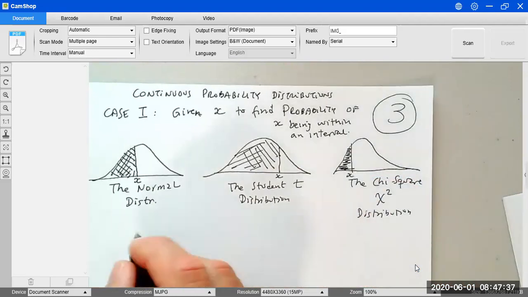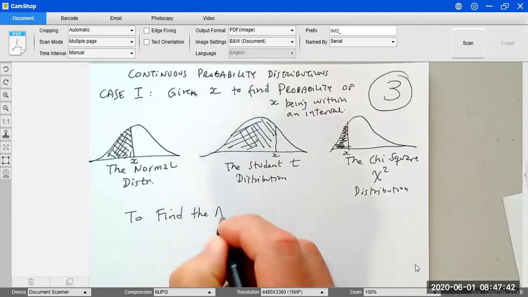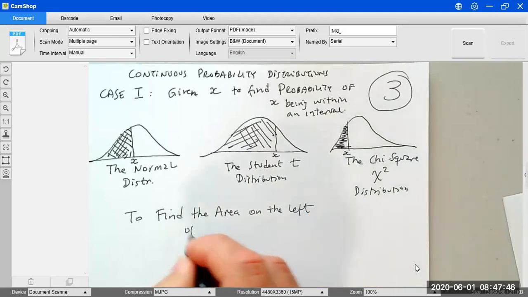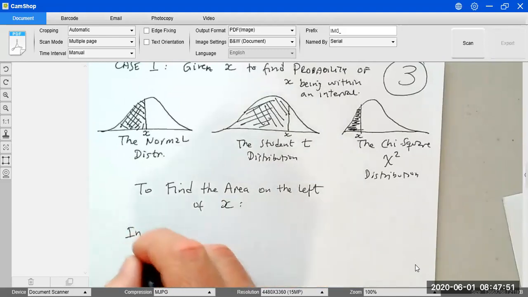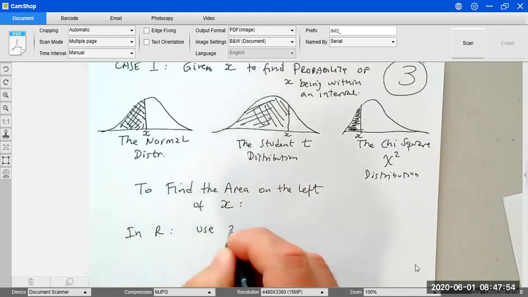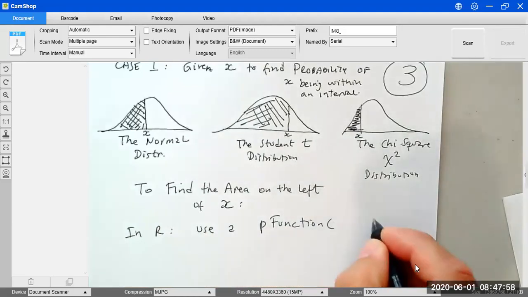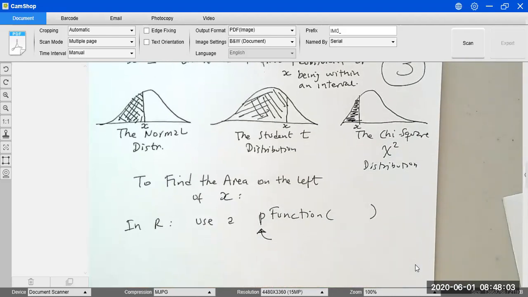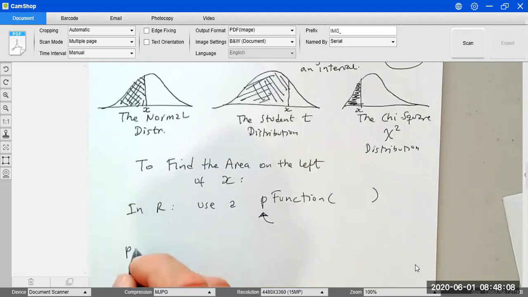So to find the area on the left of x, you're going to use a p function in R. I want to emphasize this little p here. So, for example, for the normal distribution, we're going to use pnorm.